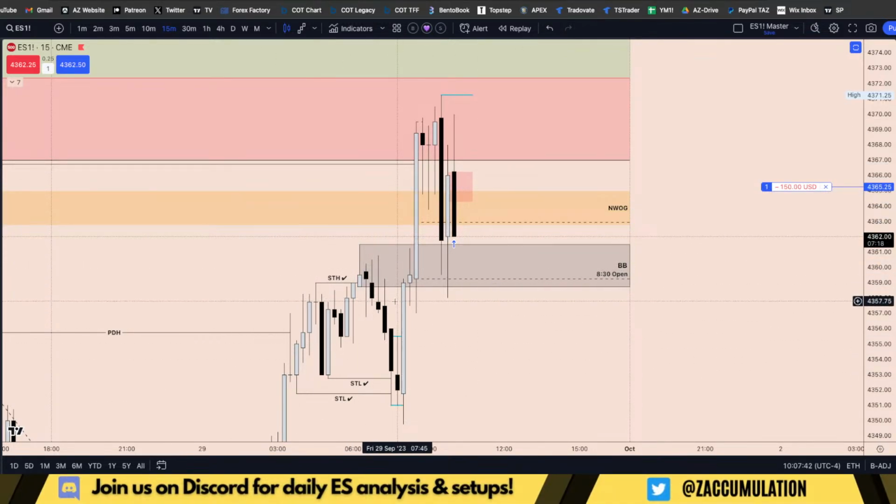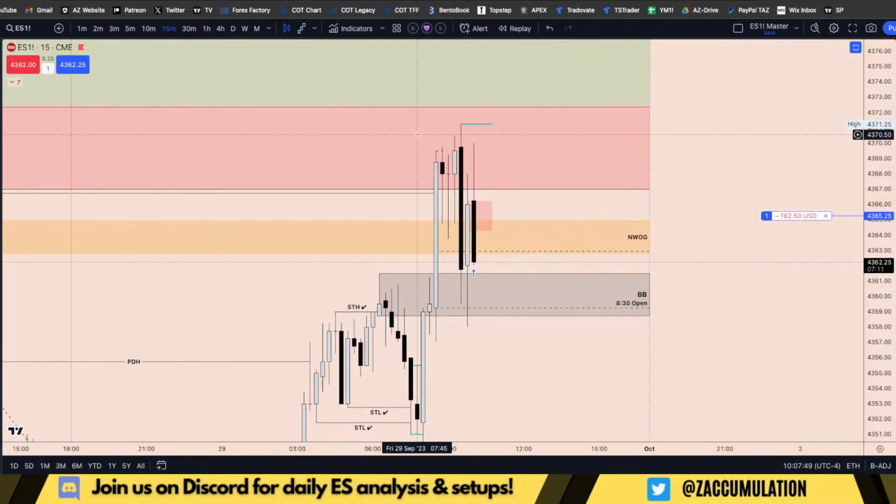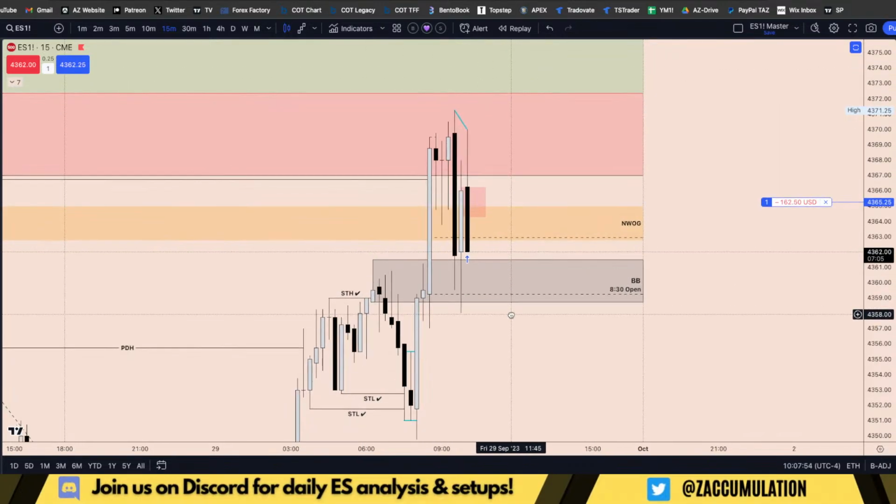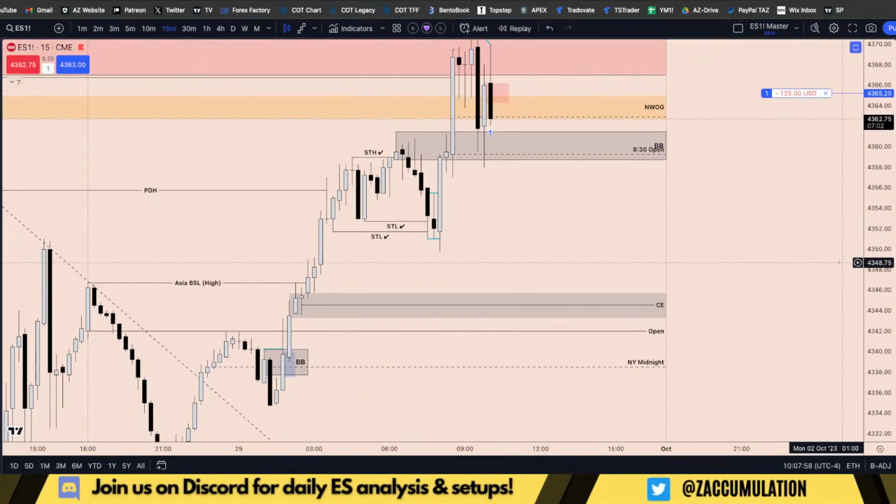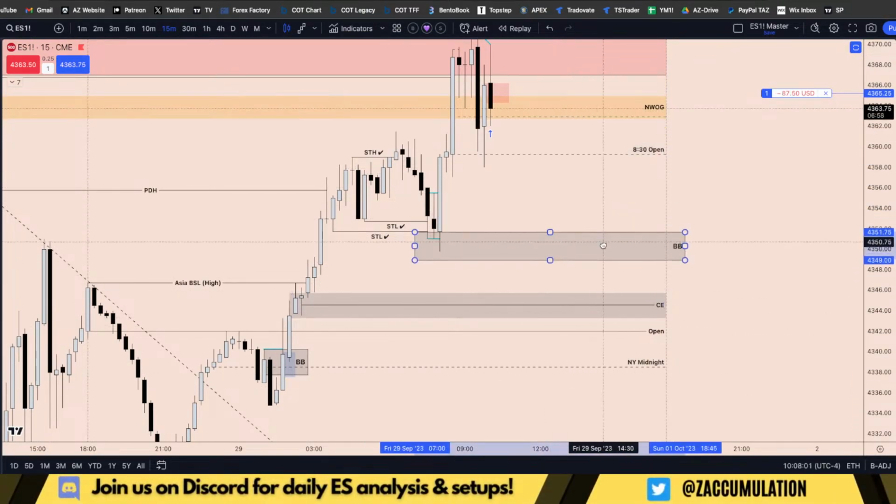We pick up some fuel to continue to deliver higher. We hit a higher time frame point of interest. We have SMT divergence between ES and NQ. But yeah, I would like to see a confirmation.